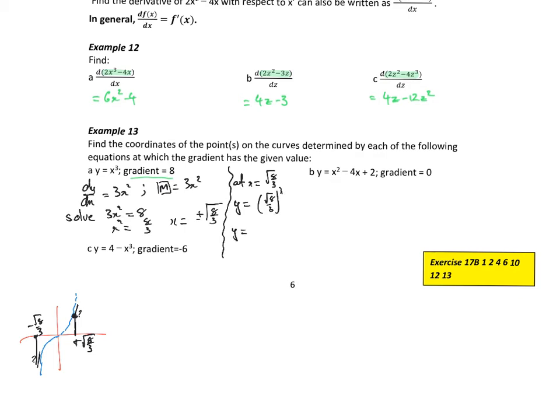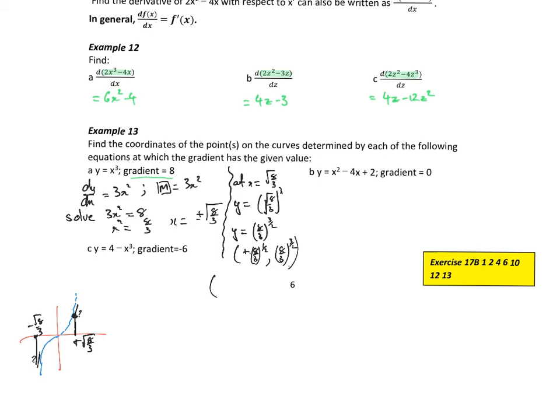It helps if we simplify. That's 8 on 3 to the half, all times 3, is 8 on 3 to the 3 on 2. So my coordinate would be positive 8 on 3 to the half, 8 on 3 to the 3 on 2.